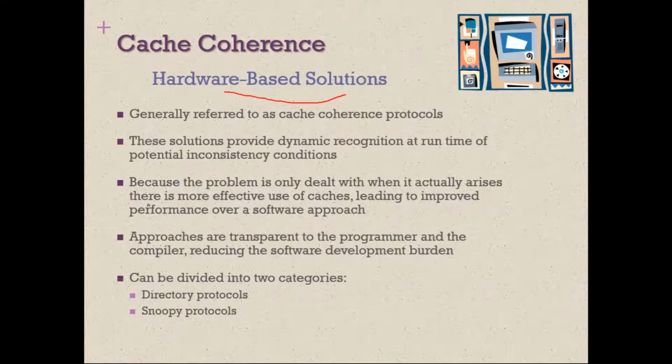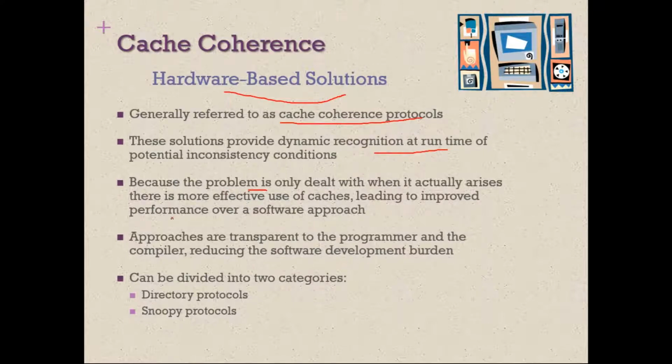Hence we are going for the hardware based approach. These hardware based approaches are generally called cache coherence protocols. Okay. So they actually provide solutions at runtime, and as they provide solutions at runtime, they are more efficient.